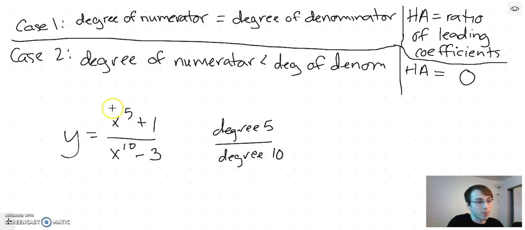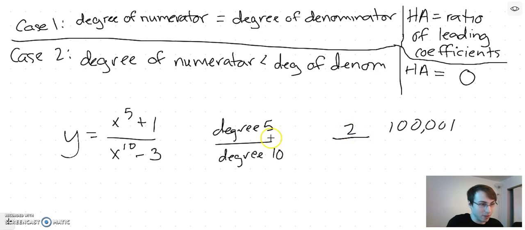Even though the numerator gets bigger as we plug in values of x, like initially when we plug in x is 1, the numerator is 2. When we plug in x is like 10, the numerator is 100,001. Well, the denominator is getting bigger even quicker.